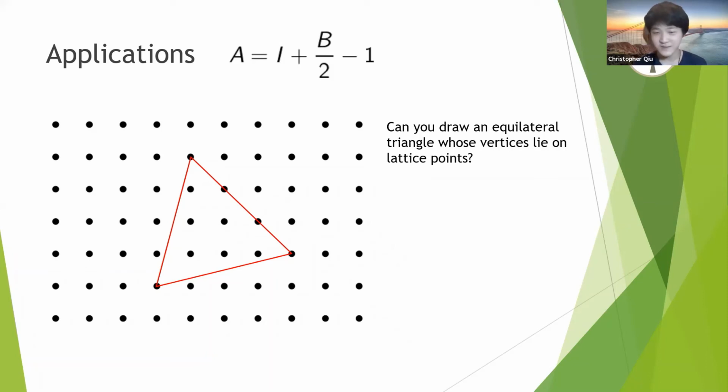Okay, so Ellen says, I don't think so, considering this triangle is not equilateral. Oh yeah, and this is true. You can find that this length is root 18, this length is root 17, and this length is root 17 also. So this is not equilateral. So this is just something to know.